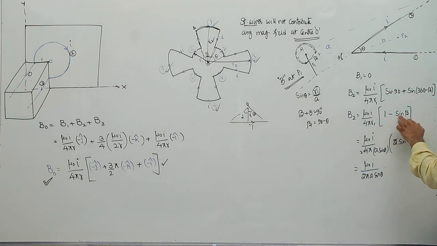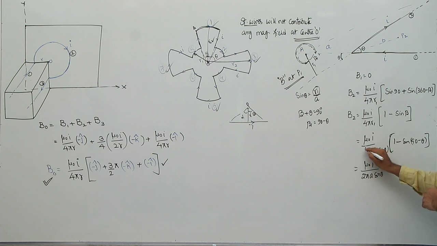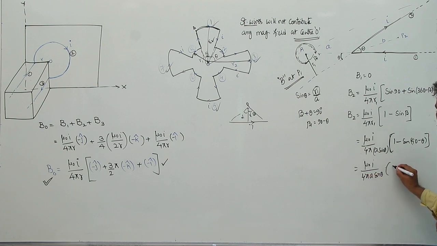So before writing this, it is 1 minus sine beta, which I convert to 1 minus sine of 90 minus theta. Sine 90 minus theta will become cos theta. So it is 1 minus cos theta.